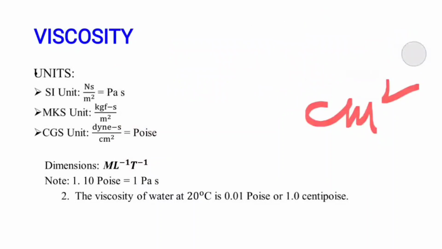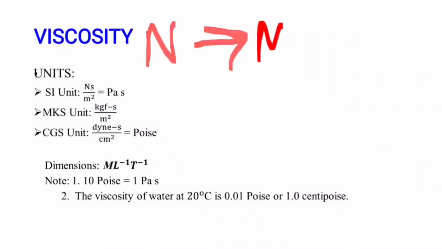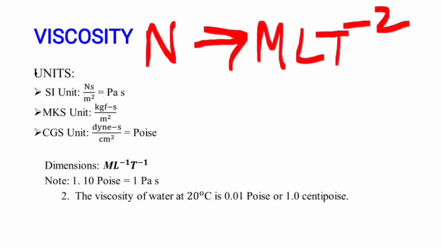It has dimensions. Newton has dimensions of M L T power minus 2. I know how to write dimensions from the previous two quantities, so I directly write the dimensions for viscosity.